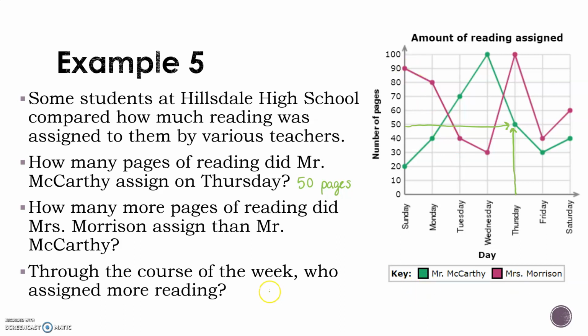So for Mrs. Morrison, I'm just going to put Mrs. M. She gave, and I'm going to go through like the purple, and she assigned 90, then 80, then 40, 30, 100, 40, and 60.